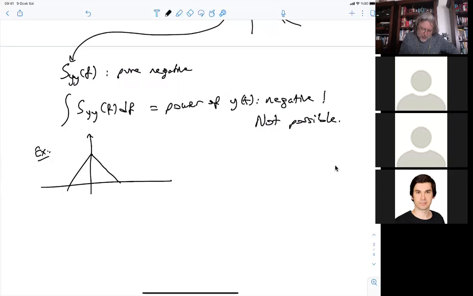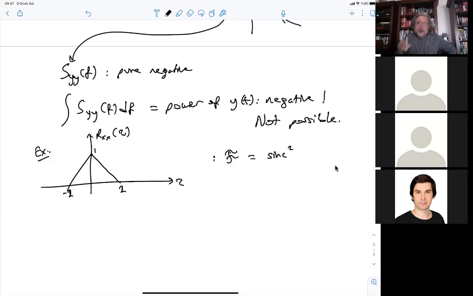Let's say from -1 to 1 to the peak of 1 Rxx of tau. Let me make these two from -2 to 2 on the tau axis. The Fourier transform of this triangular shape, if you may remember, is equal to sinc square. The Fourier transform is equal to sinc square. And that is certainly positive.